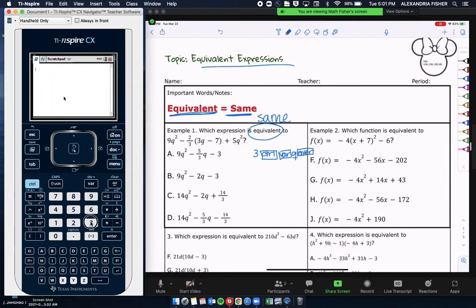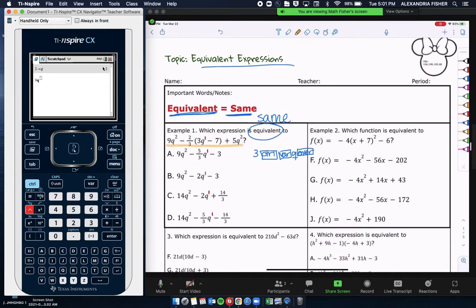I'm going to do 3 control bar Q. Where's Q? Q, enter. And it just shoots back 3. That's okay. My second step to remember is everywhere that Q doesn't have a little 2 or a number on top, we have to put a 1. So put a 1 on every single one.